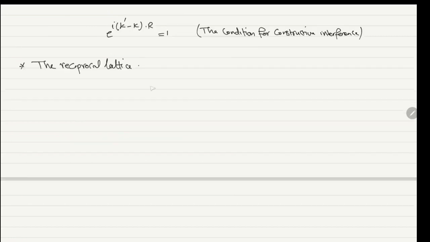In order to find the solution for this equation, e to the i (k prime minus k) dot R equal to 1, we define the difference k prime minus k as G, in such a way that e to the i G dot R equals 1, or in this case G dot R equals 2 pi n. n in this case is an integer.